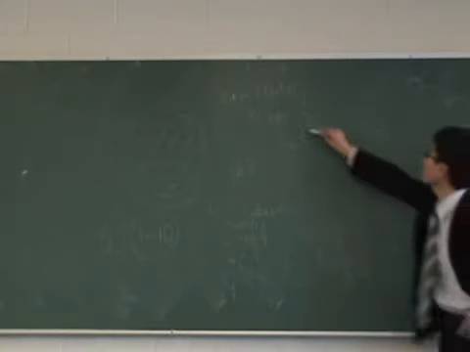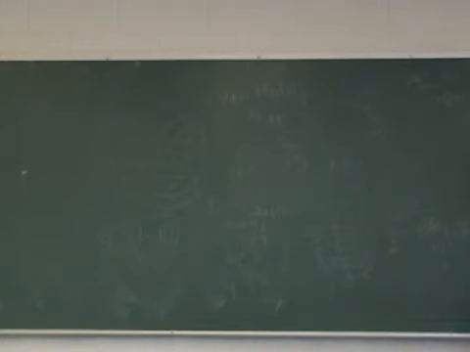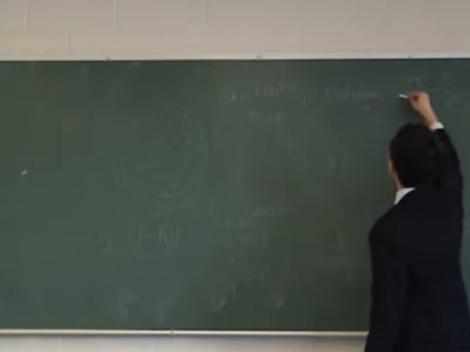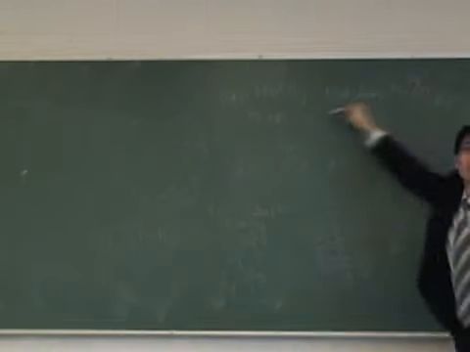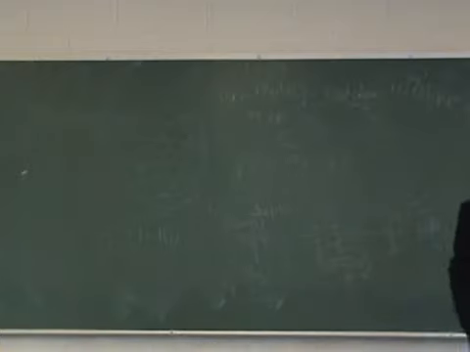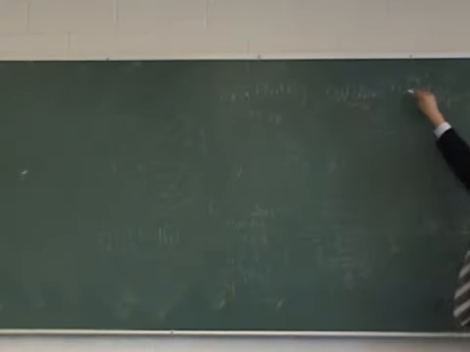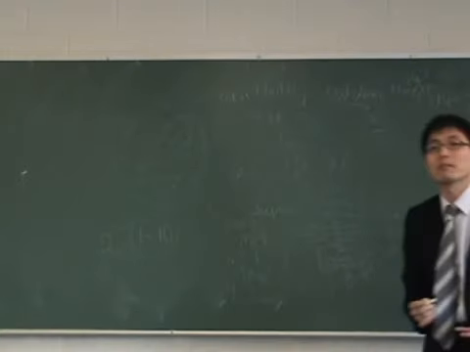So we need to jump toward the computer. We need to make the data more organized. That is called database modeling. This is called data modeling, and this is called database modeling.